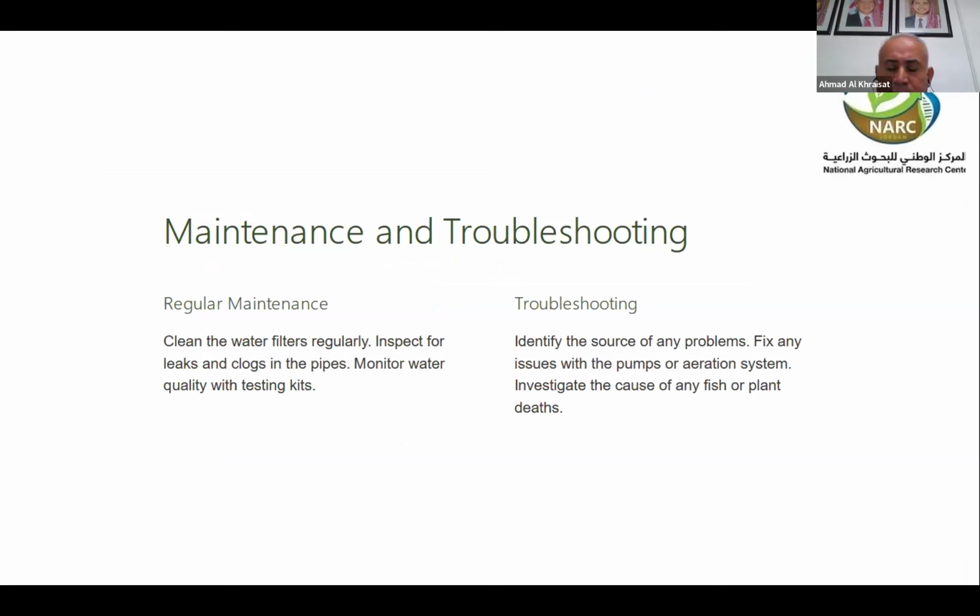The machines work 24 hours, so we sometimes have a problem because we run the aquaponics system in a greenhouse. The greenhouse absorbs temperature from outside to inside, so the temperature is very high, and the machines are working to reduce it.